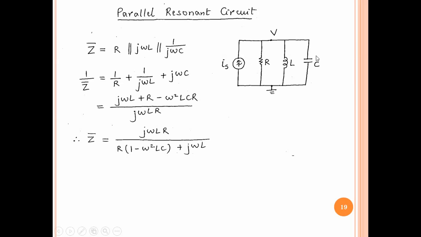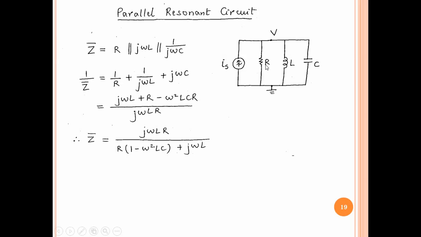Real life capacitors are never ideal, so there is always some leakage of current from one plate to the other, and that leakage is represented by a resistor in parallel through which current can flow across the capacitor.